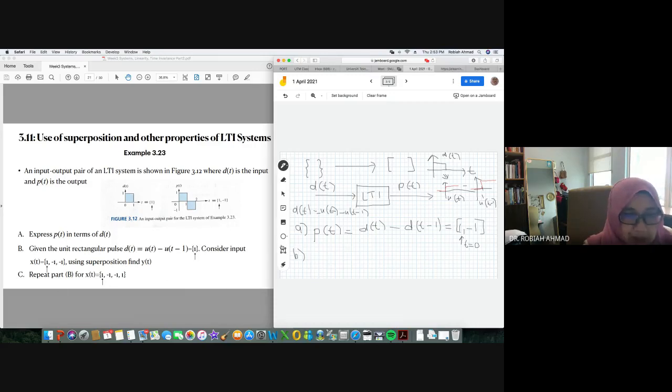But then the systems hold the same expression as the LTI system above, yang atas. So now we have a different input. Our input now is 1, minus 1, minus 1.